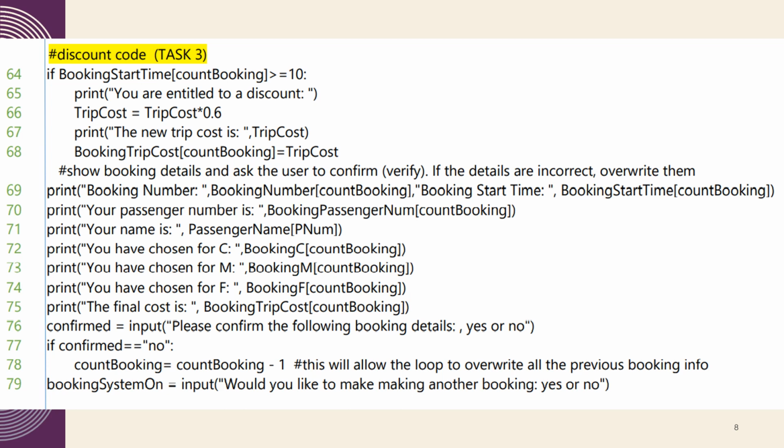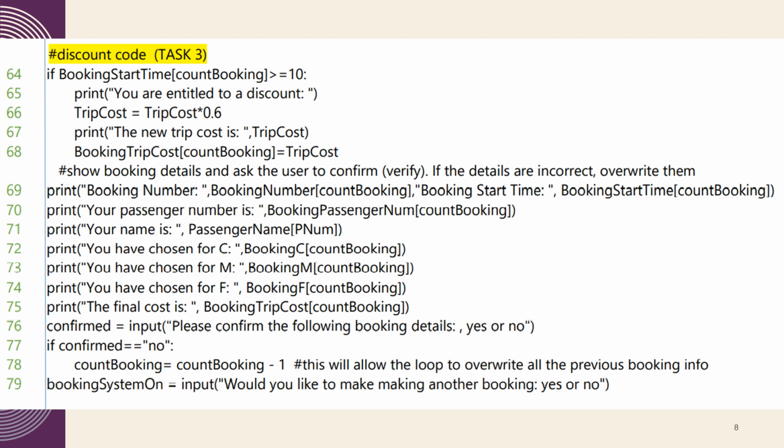So now line 69 until line 75, those lines are showing all the information because the task says you have to show everything that they've chosen. And finally, line 76 is asking for a confirmation. Confirmed equals input: please confirm that the following details are correct, yes or no. If confirmed equals no, line 78 says count booking equals count booking minus 1.